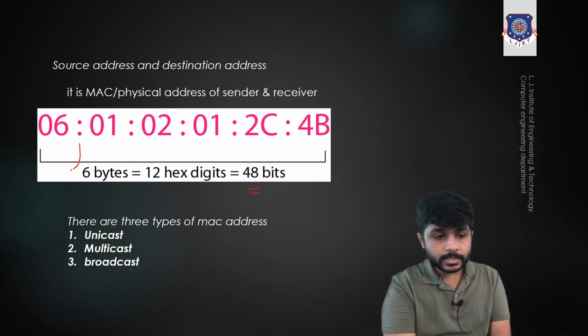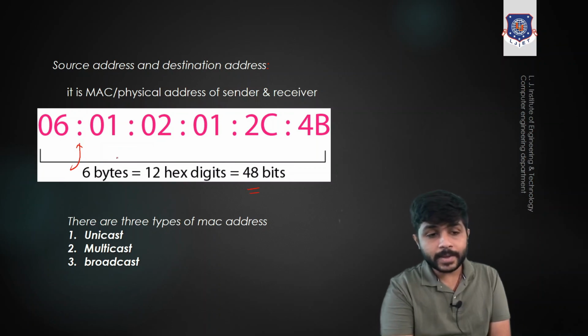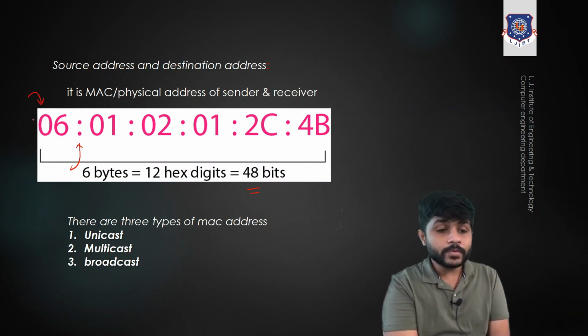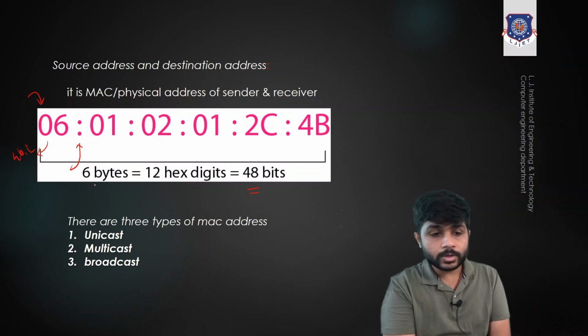Colon hexadecimal means that each number is separated by colon and each number is represented in hexadecimal. In hexadecimal, 1 digit, if we convert this 1 digit in binary, we will get 4 bits. So you can see that there are a total of 12 hex digits and 12 into 4 means 48 bits, which is the length of the MAC address.